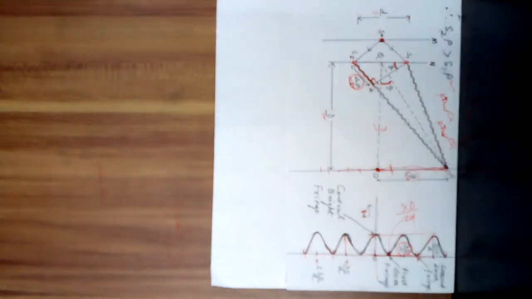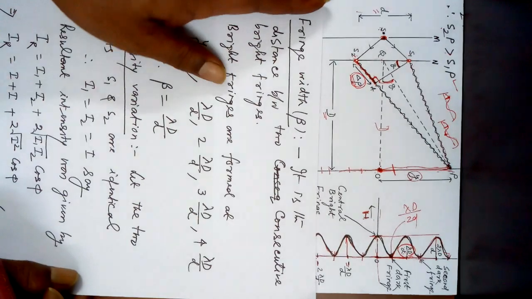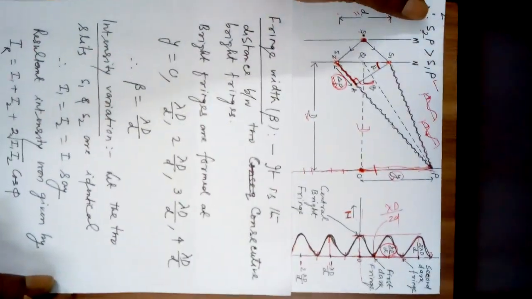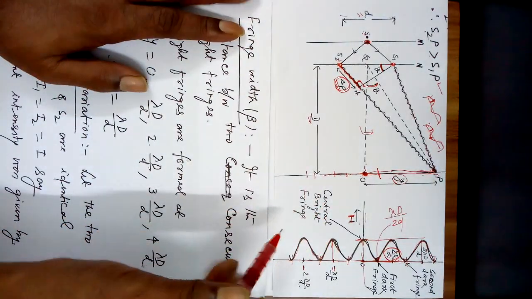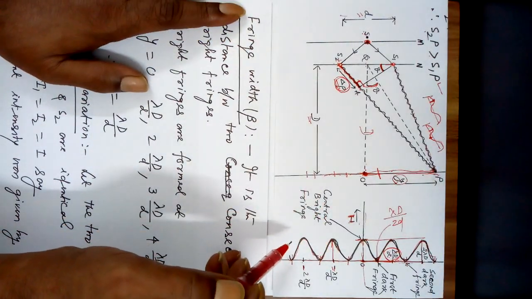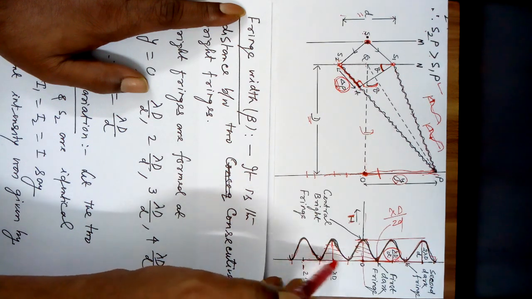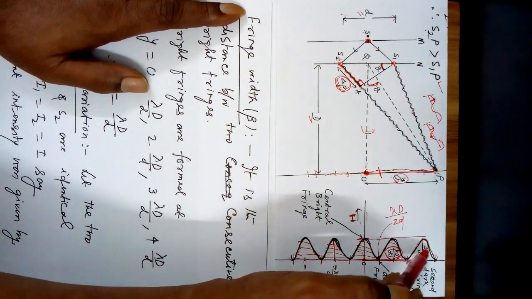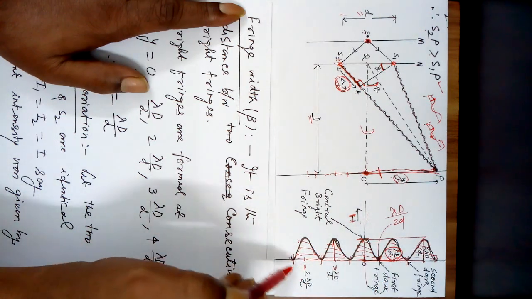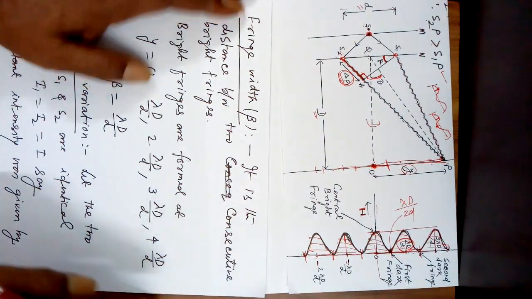The video will be little lengthy. Now, a few more minutes. Then comes the fringe width. Now, on the screen we find certain places where the intensity is maximum, like this, and like this, and like this, the intensity is maximum, and certain places where the intensity is minimum, that is here, here, here, here, and here.